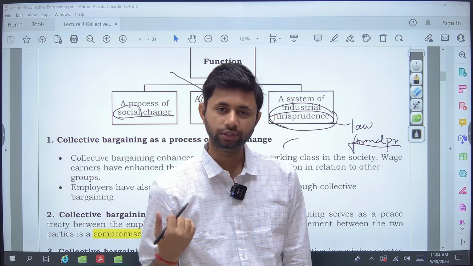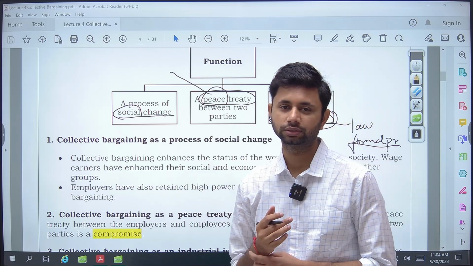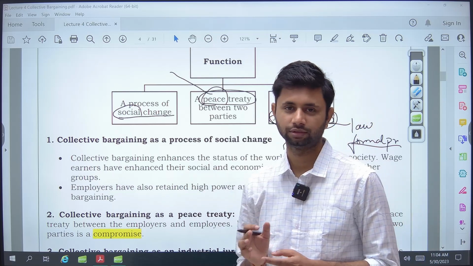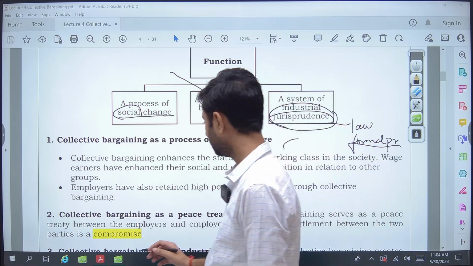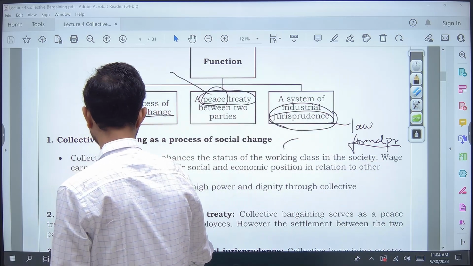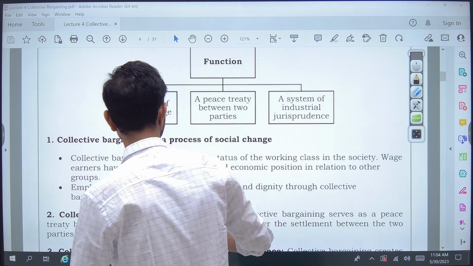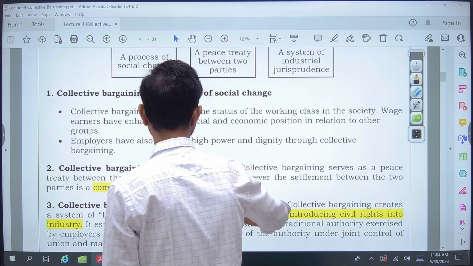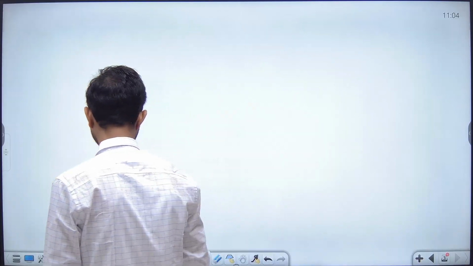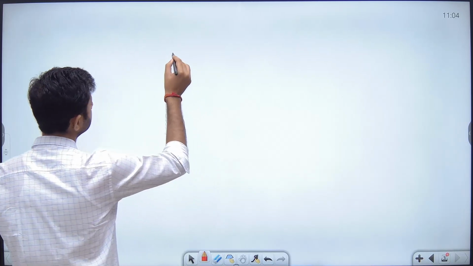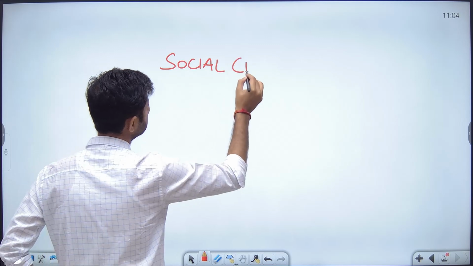As you will see, most of these things we've already talked about; these just confirm that whatever we have discussed has arrived. Okay, let's see. First of all, social change.